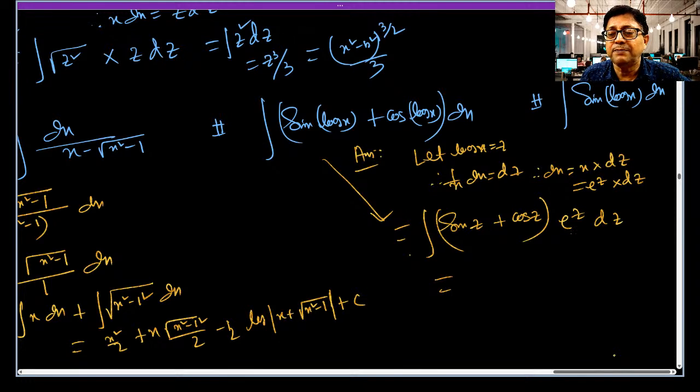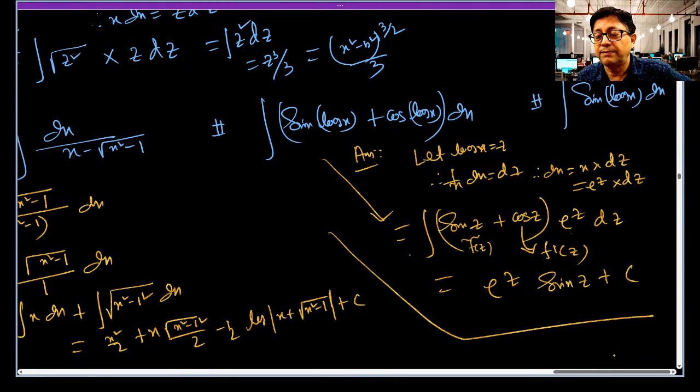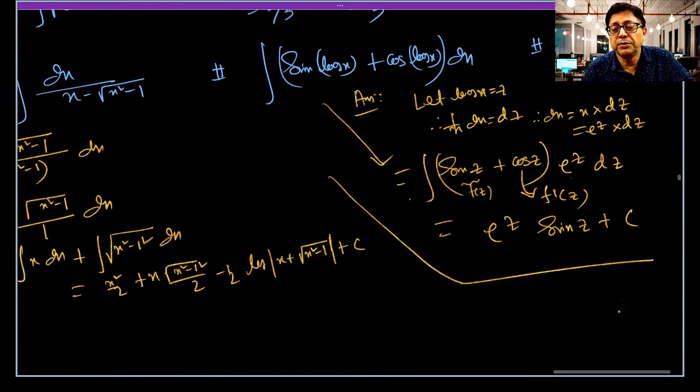E to the power x fx plus f dash x. If this one is fz, this is f dash z. So the value is e to the power z sin z plus c. Put the value of z over there. It will be what?